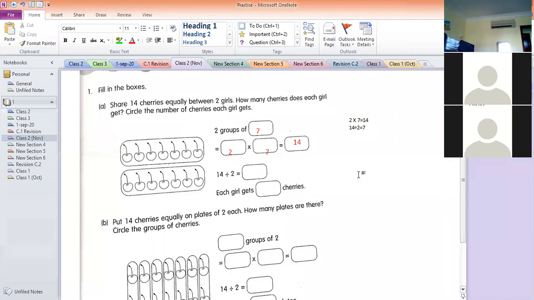So the answer is 7. So how many cherries did each girl get? Each girl gets 7 cherries. There are two girls, one girl gets 7 and another girl gets 7. So they got total 14, both of them.